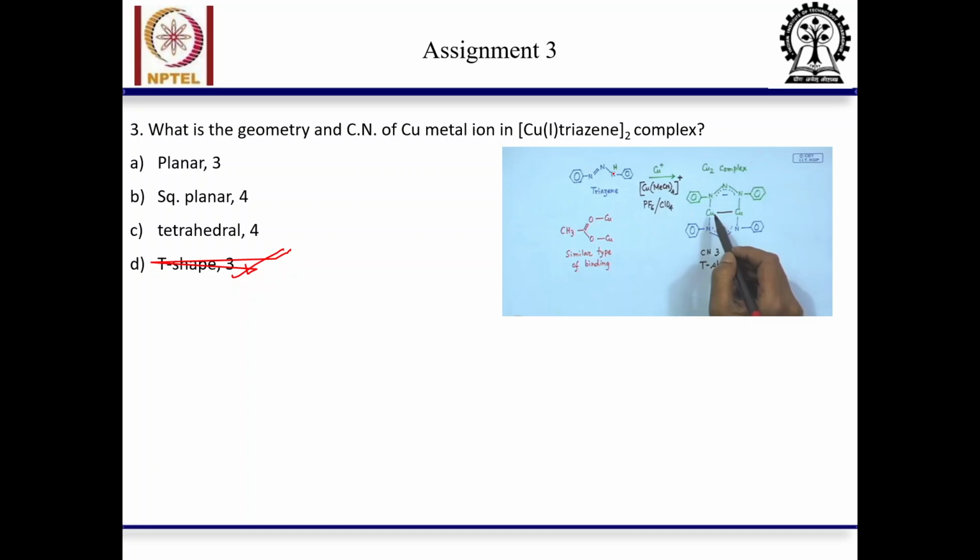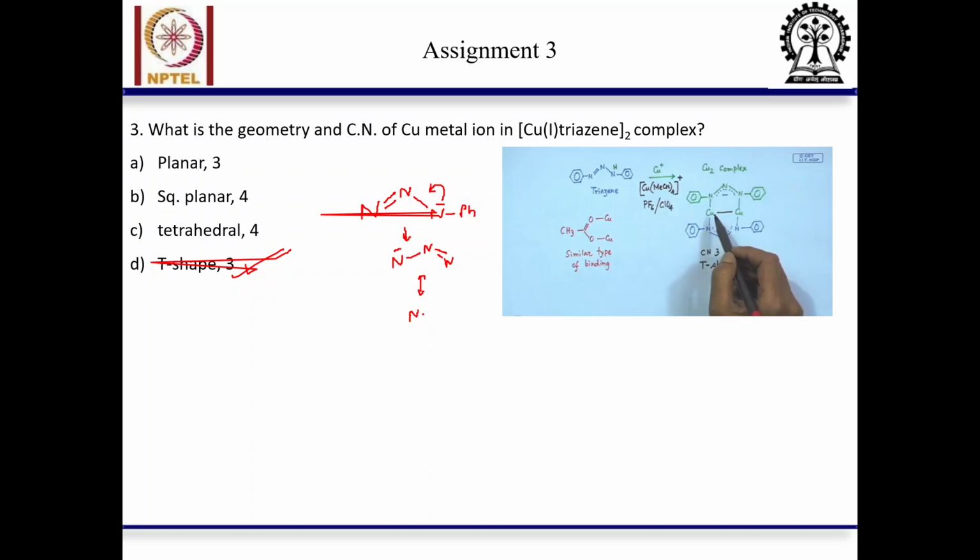If I write it, it is N double bond N, then here minus, and then you have here Ph. This can resonate and it will go to N minus, single bond N, double bond N.